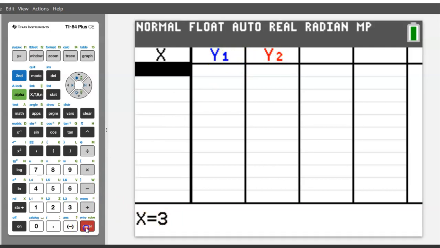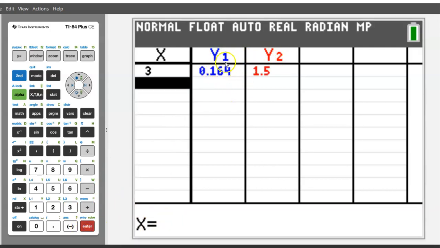So I'm typing in a 3. So this is the value of y1 at 3, and this is the value of y2. Of course, y2 is a constant, so that's not going to change. But this is the value of e at 3, because we typed in e as y1.